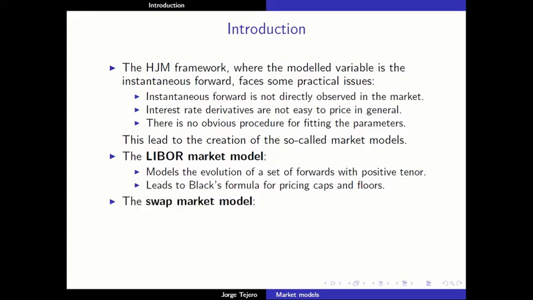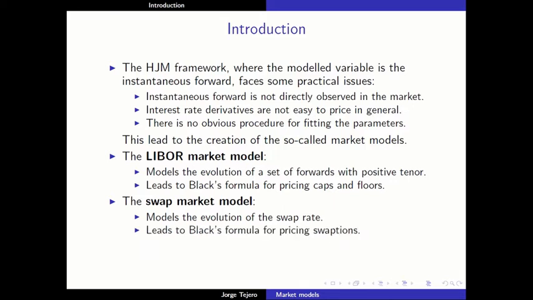The second model is the swap market model. In this case, the variable which is modeled is the swap rate. And it also has the advantage of having Black's formula, but instead of for caps and floors, in this case it's for pricing swaptions. It has to be noted that these two models are not compatible with each other.